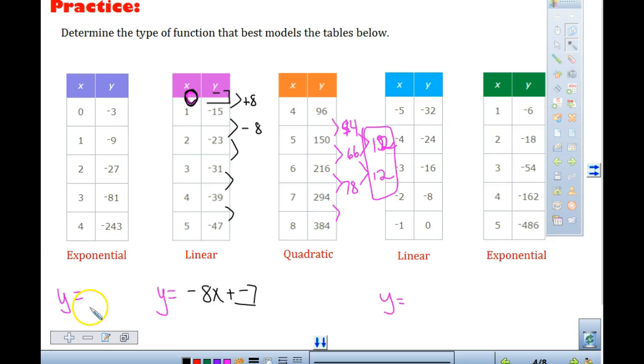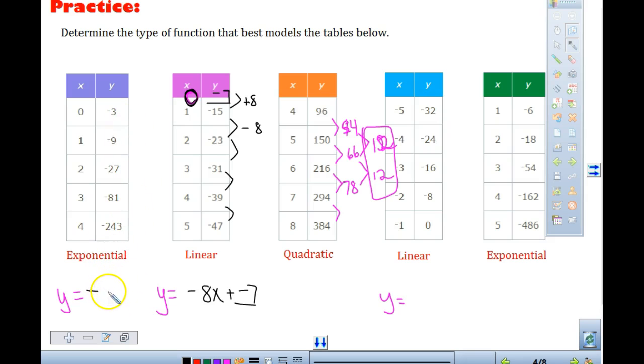If I'm looking at the first exponential, Devin, can I tell my y-intercept? The y-intercept is when x equals 0. What do you have? In the first table, when x equals 0.